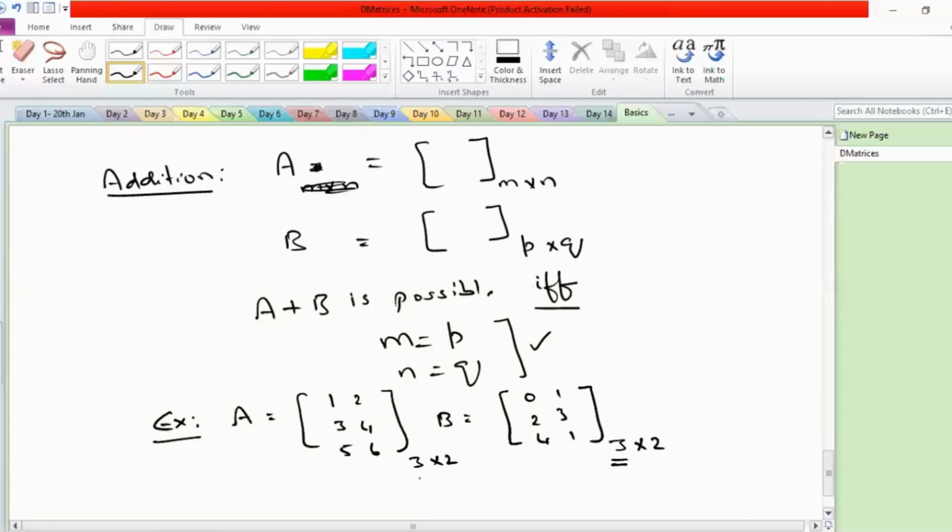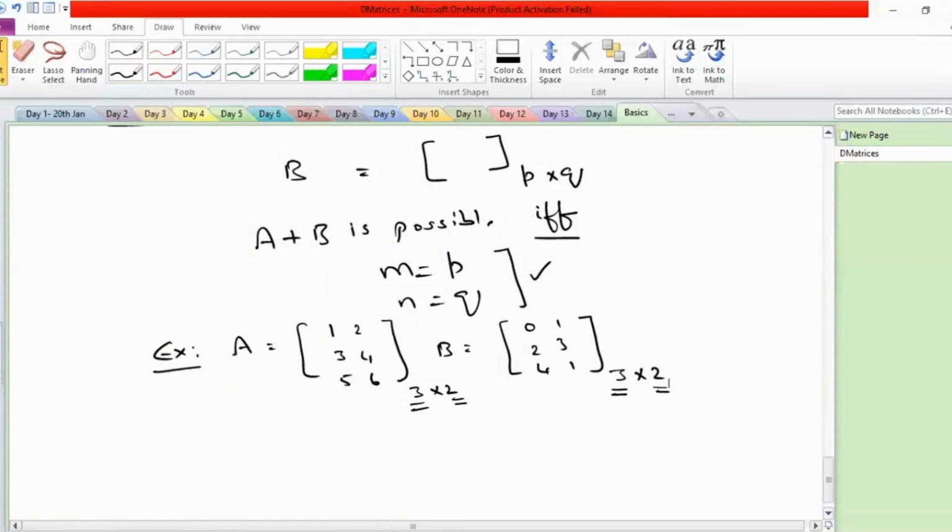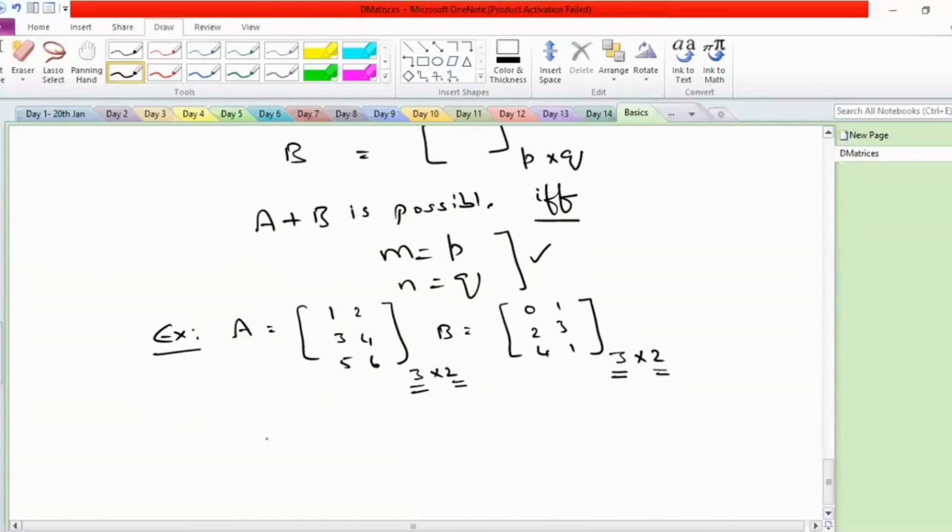So your M is matching, your N is matching. Hence, addition is possible. What will be the addition? You add each element with its corresponding element in the other matrix.